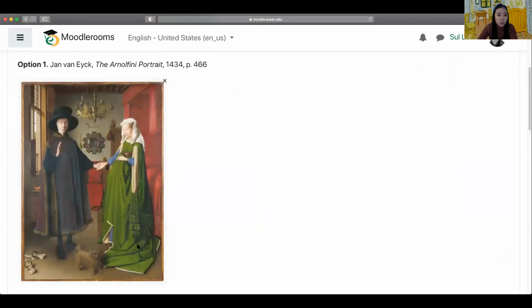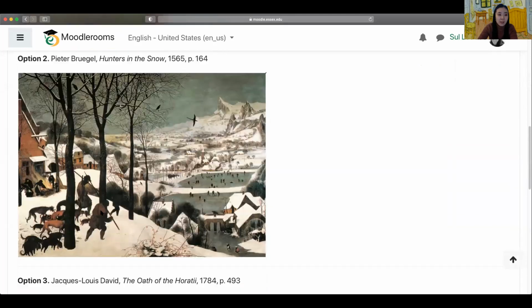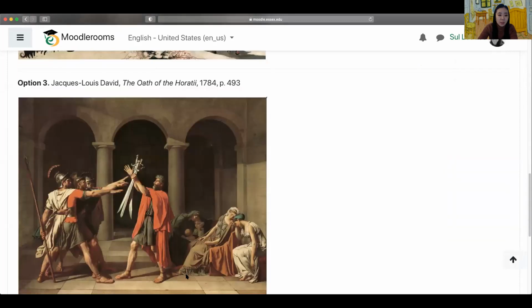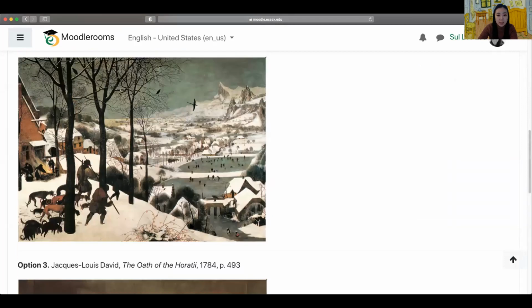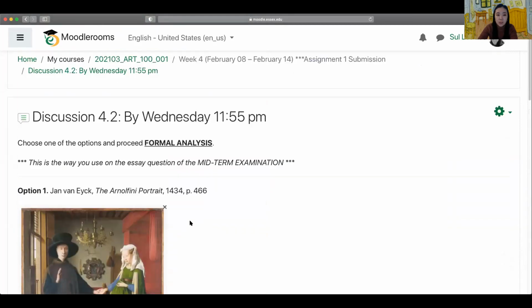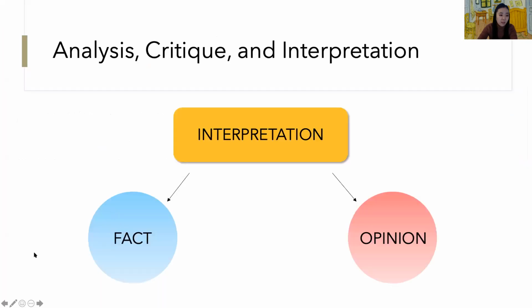This is option 1, Jan van Eyck's painting, this is option 2, and this is option 3. Choose one of the paintings here, and then proceed with the formal analysis. Let's remind ourselves what formal analysis is again.